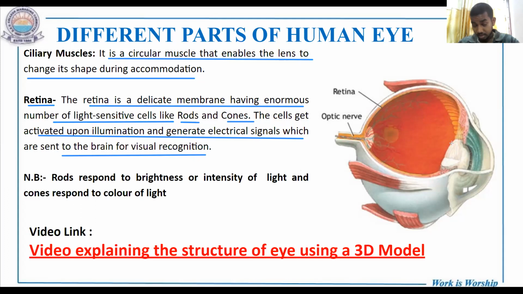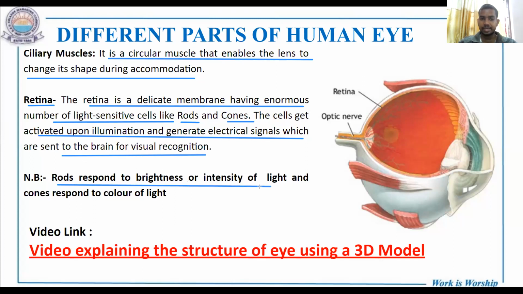It is a real image, yes, real and inverted also, but we are observing an erect image. This is due to the action of the brain. The optic nerve carries forward this electrical signal and it is again inverted so that we can see the erect image finally. The functions of rods and cones may be asked.